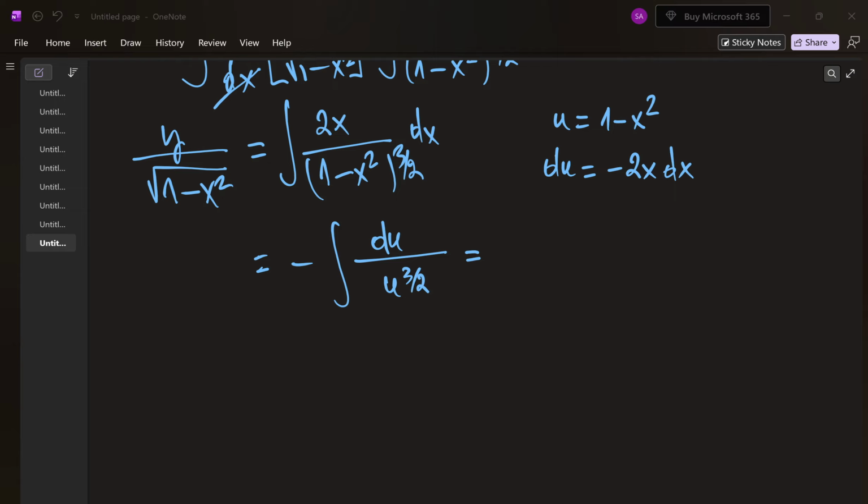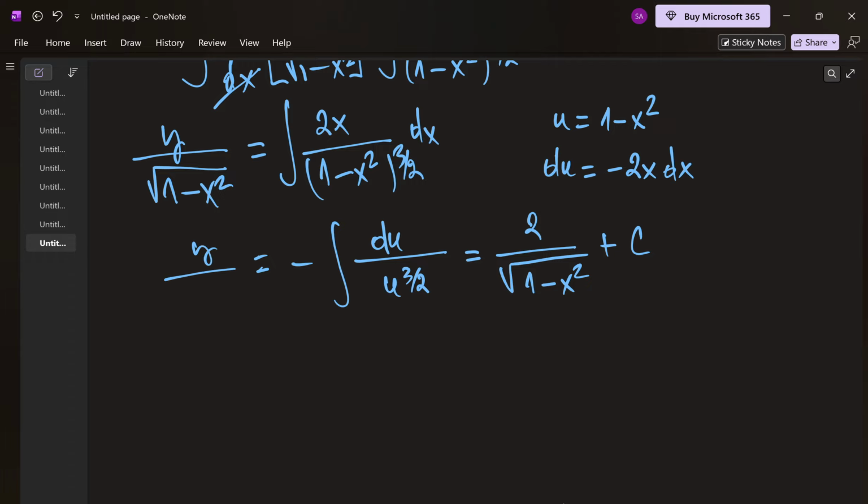And this is actually equal to 2 over the square root of 1 minus x squared after the recalculations and substitution back. So now you will have plus a constant c.